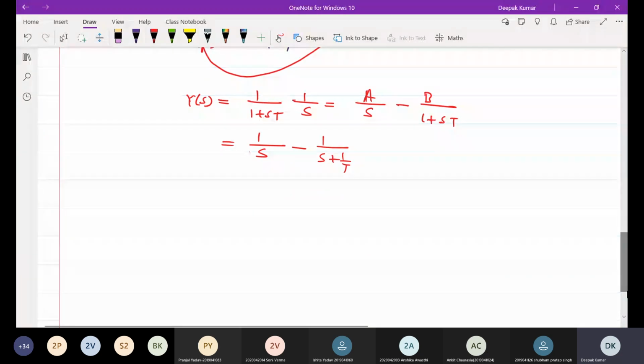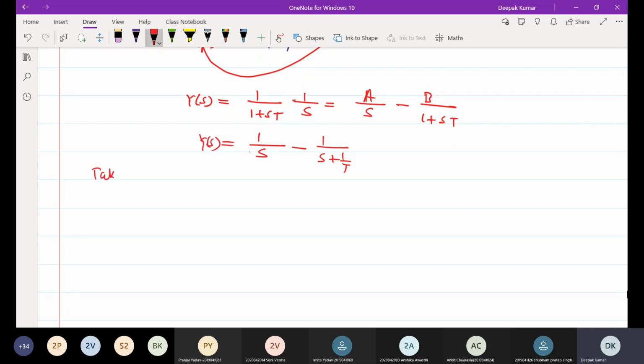y of s. Take inverse Laplace transform. It will become y of t is equal to u of t minus e to the power minus t by t into u of t.